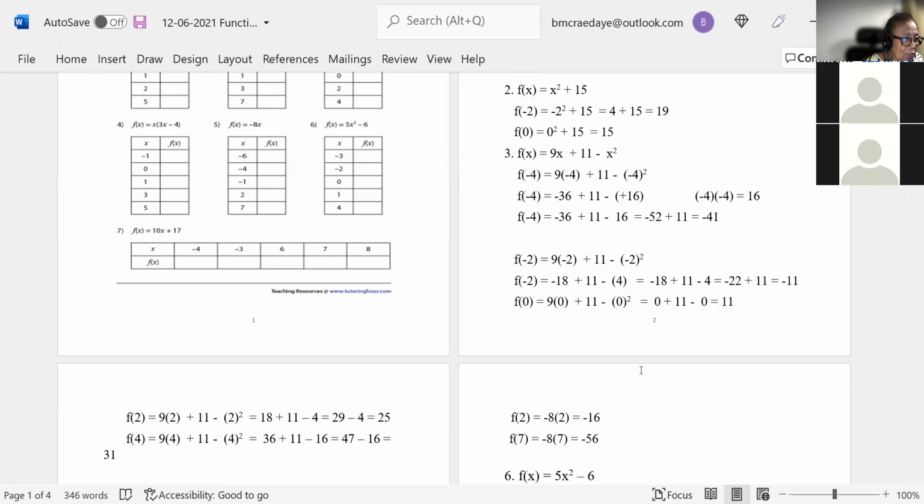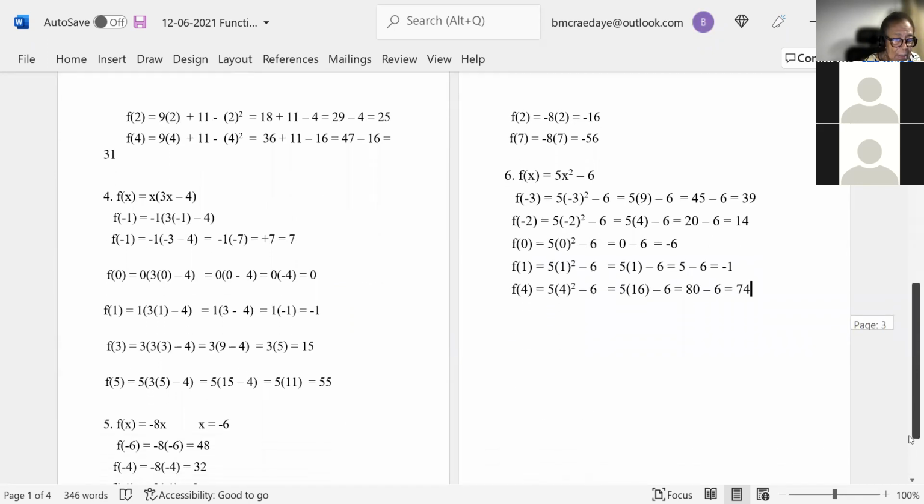Now, I'll do the first one here, and then I want you to do the rest for your homework for number 7. Now, f of x is 10x plus 17. So let's just write that for number 7. I'll do the first one, and then I want you to do the other.